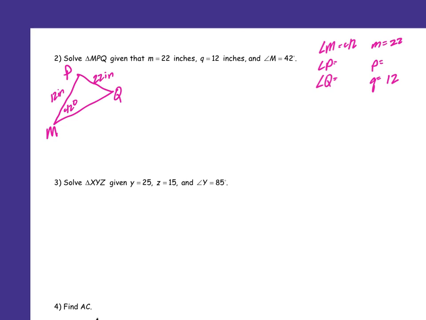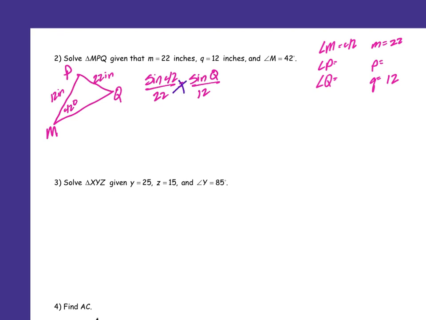Okay, so I'm going to start out with trying to find angle Q, because that's the only other piece that I have. I don't have anything from P yet, so I'm going to start out with angle Q. So I have sine of 42 over 22 equals sine of Q all over 12.